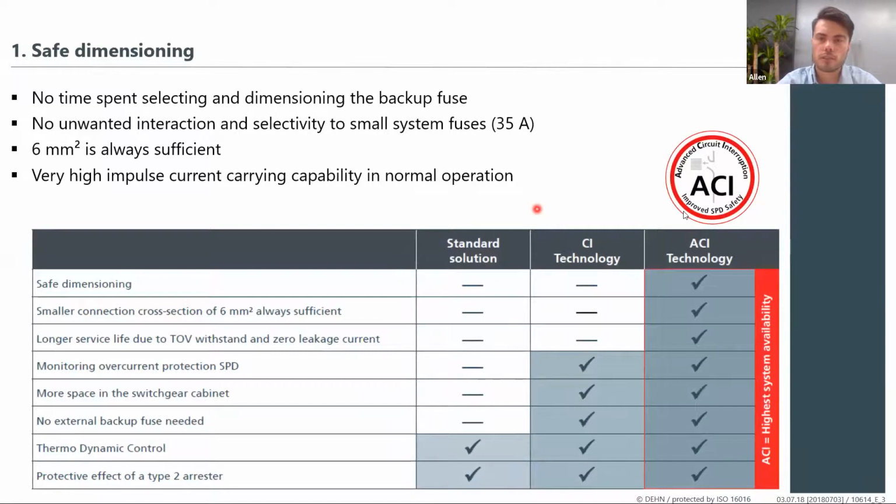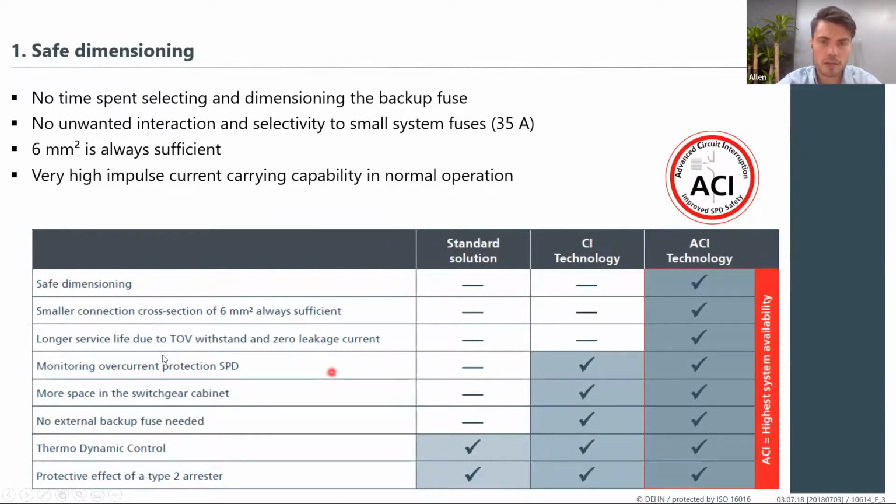Just to run over the features of the ACI again, it provides safe dimensioning. 6mm squared cables are always sufficient, independent of the upstream circuit breaker size. You also have a longer lifetime of the MOV, and it provides higher withstand voltages.